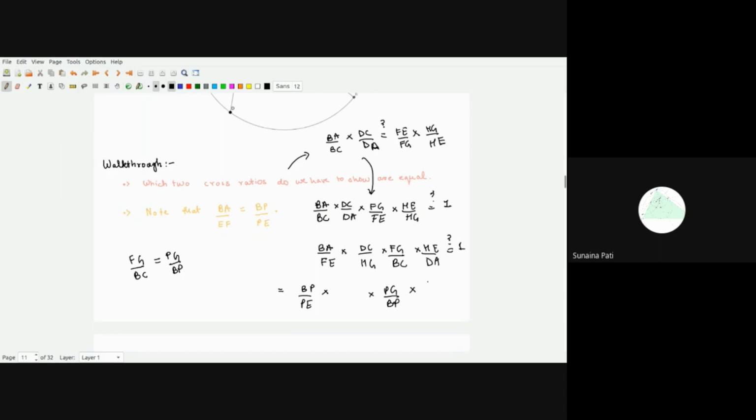And then you get, anybody else who wants to say which two ratios would come here in terms of P and some point? Should I go ahead? Yeah, you can go ahead. Okay, then we will have DC by HG.